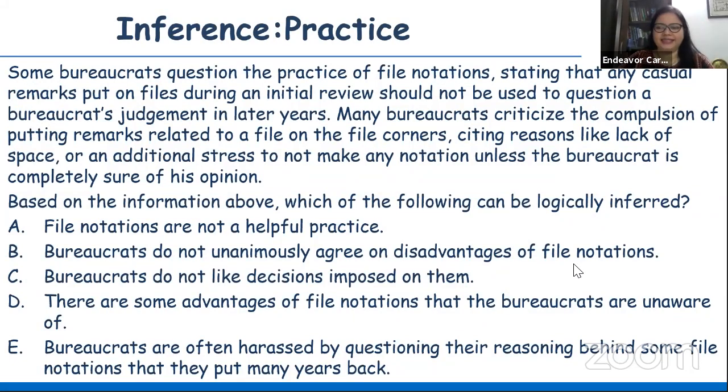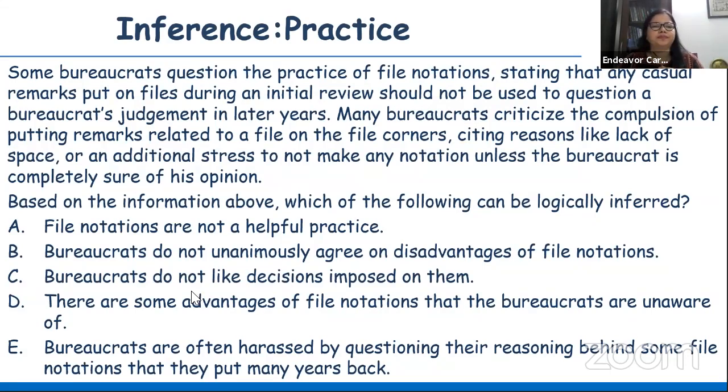Okay, let's discuss. I could very well represent this as a Venn diagram for you, but let's understand first.